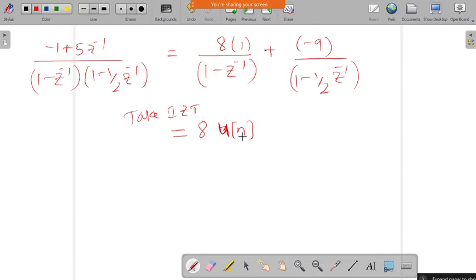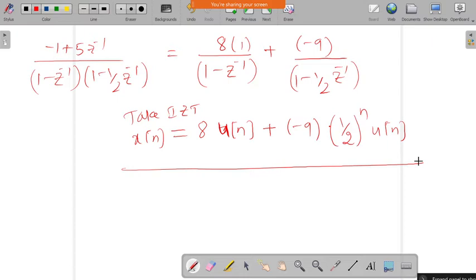So if you just put u[n], you will get the same result. Similarly here, -9 into, what is the value of alpha here, which is 1/2 in (1 - (1/2)z^-1). So now we have alpha equal to 1/2, giving (1/2)^n u[n]. This is what your x[n] is.